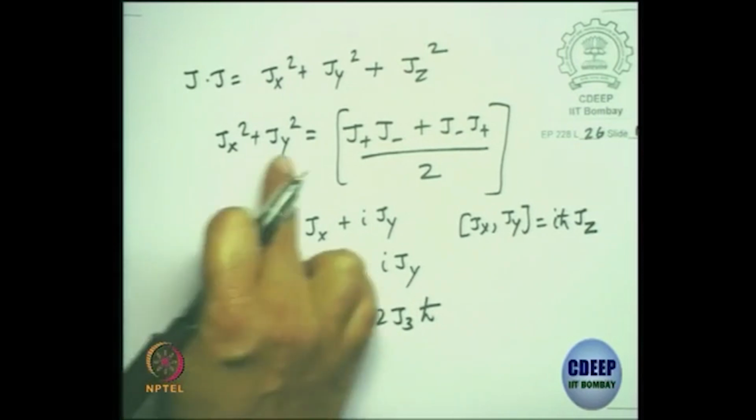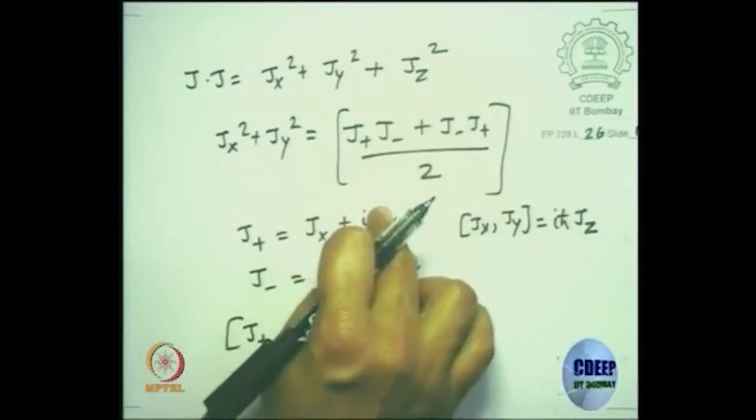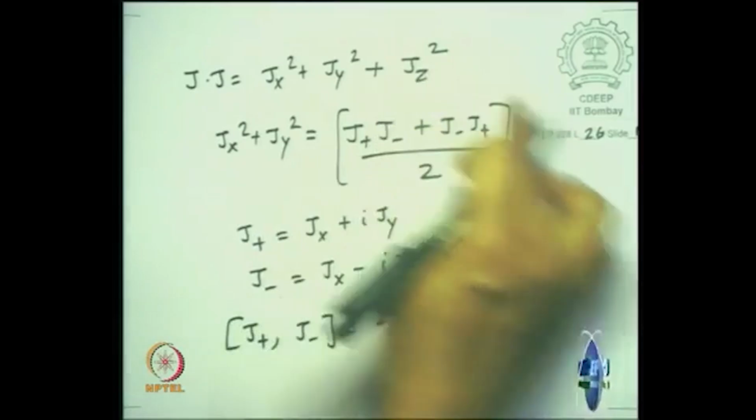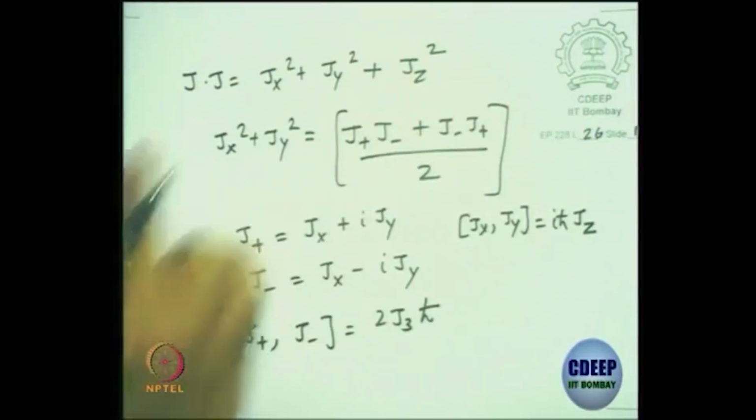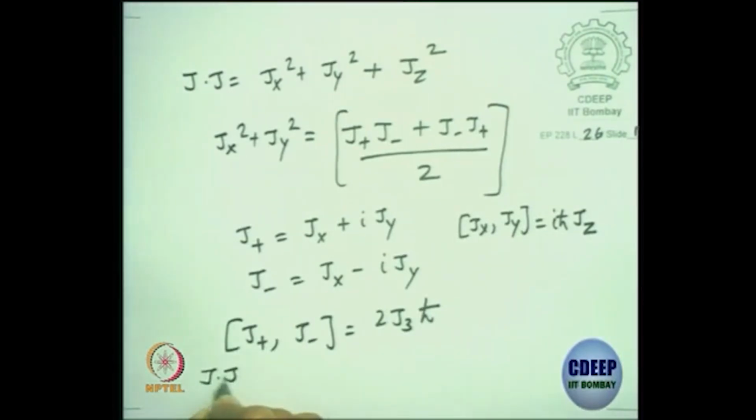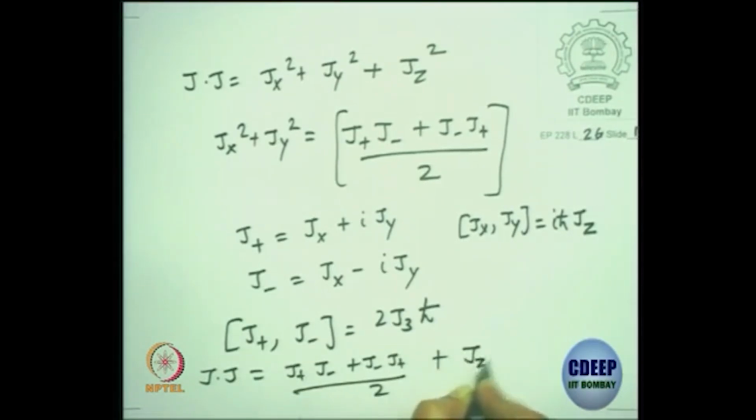So Jx squared plus Jy squared is this, and Jz squared you can just add to it, and that will give you J dot J. J dot J will be (J plus J minus plus J minus J plus) by 2 plus Jz squared.